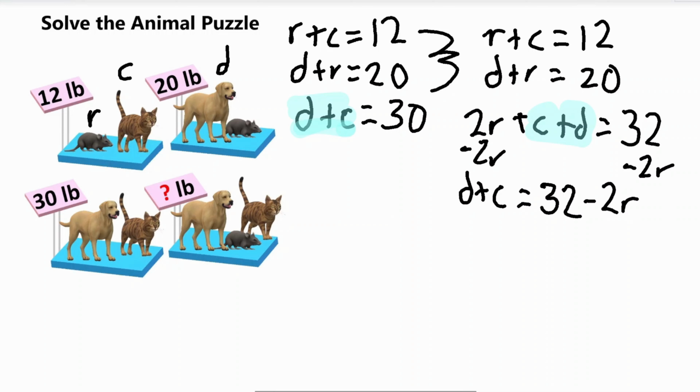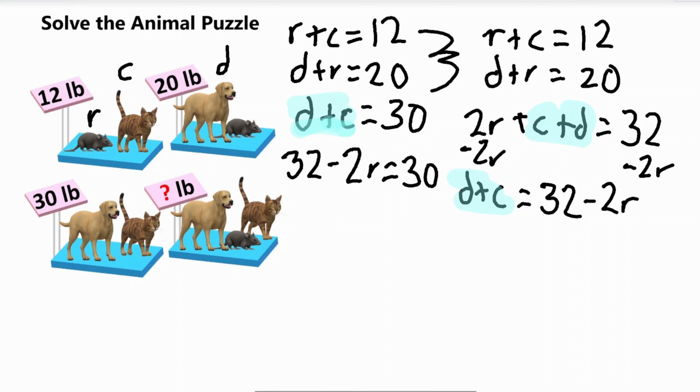Okay, as you can see here, we have matching variables, so this can be substituted for this. So let's go ahead and do that. So instead of D plus C, we're going to write 32 minus 2R is equal to 30.